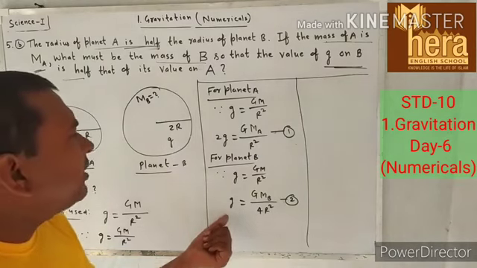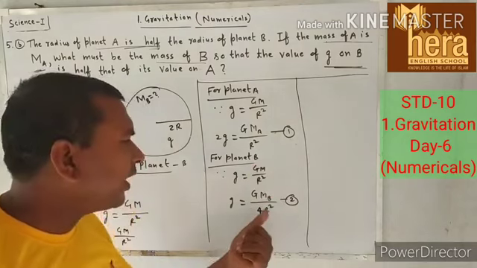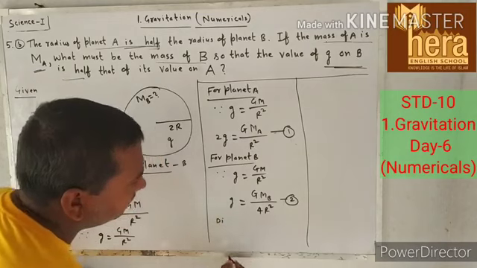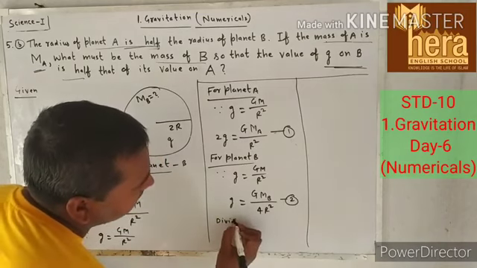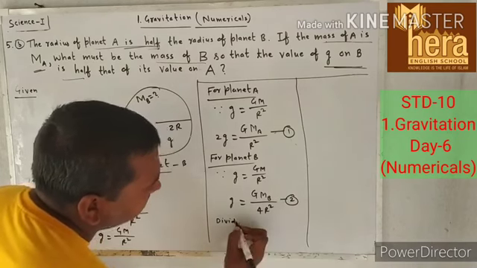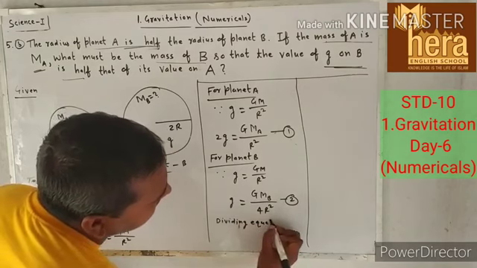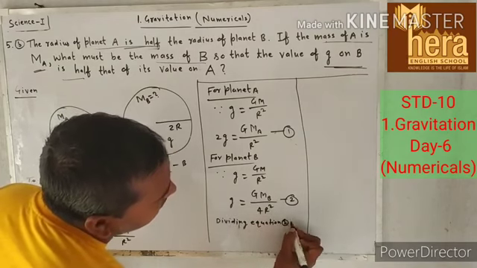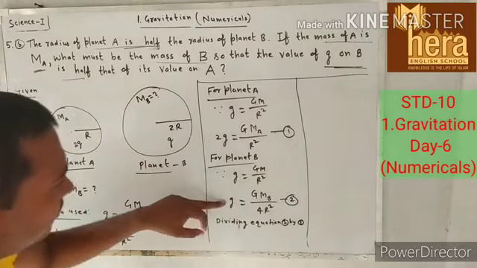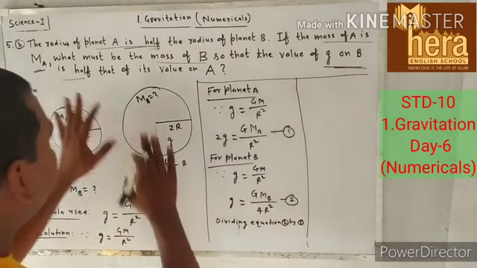Now divide equation 2 by 1 or 1 by 2, the answer will be the same. You have to find MB. Dividing equation 2 by 1. I will erase here because I have no space.